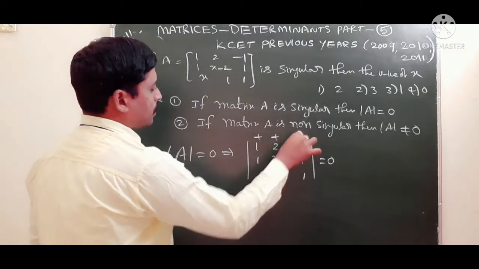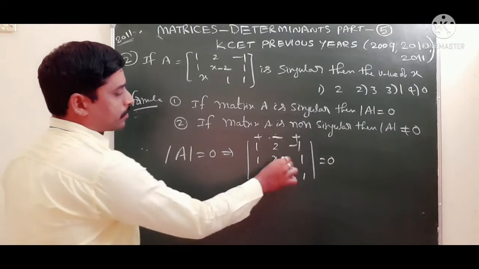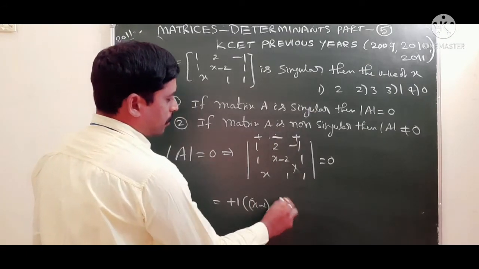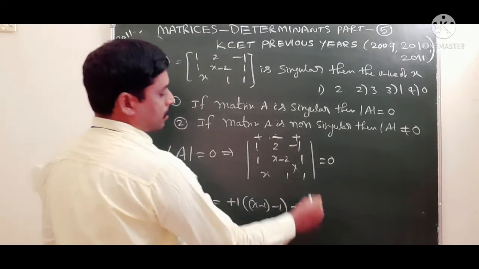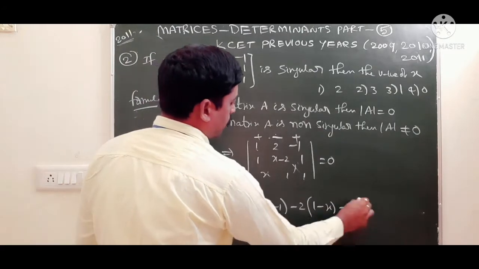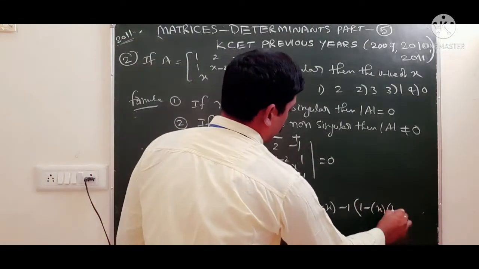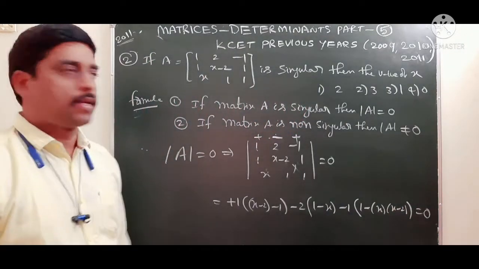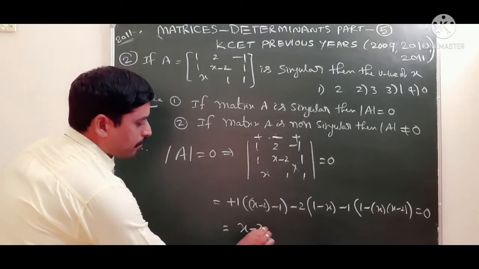So let us expand, plus minus plus. Plus 1 into the determinant of this, x minus 2, minus 1, minus 2 times of 1 minus x, minus 1 times of 1 minus x into x minus 2. This will be 0. Now our target is the x value. This is x minus 3.